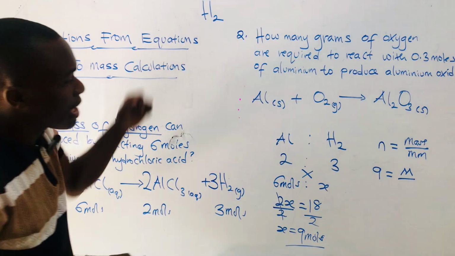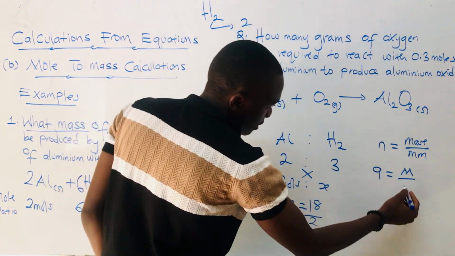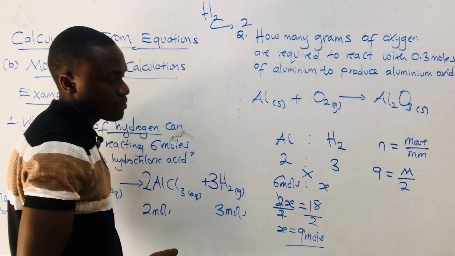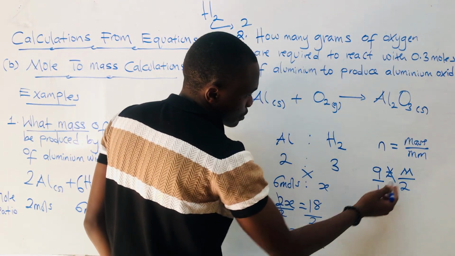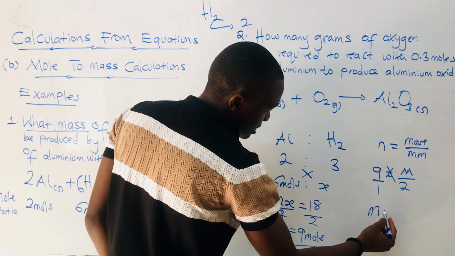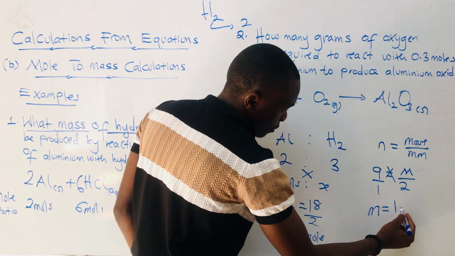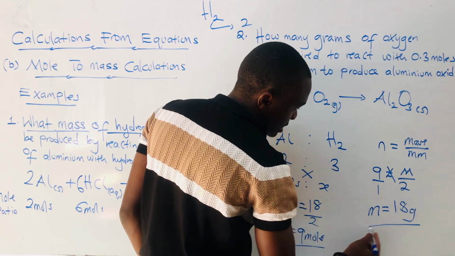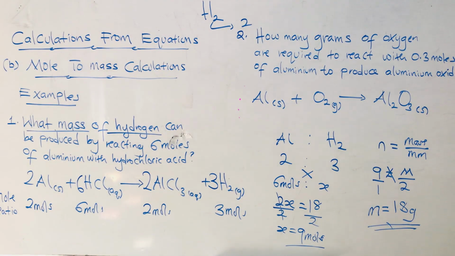So you say 1 times 2, you get 2. So the molar mass is 2 grams per mole. And then from there we're going to cross multiply like that. So m times 1, we get m, which is the mass of hydrogen, equals 9 times 2, we get 18. So 18 grams of hydrogen will be produced in this case.